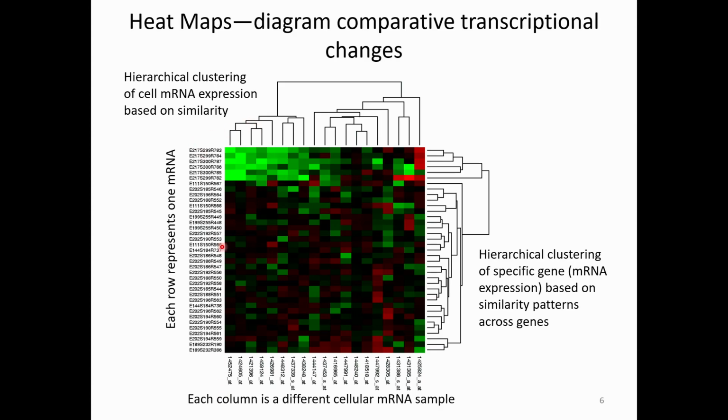So each of these rows here is a different gene, and each of the columns, in this case, is a different cell sample, okay? And what you can see is that, basically, red means it was turned on very strongly, green means it's silent, it's turned off very strongly.